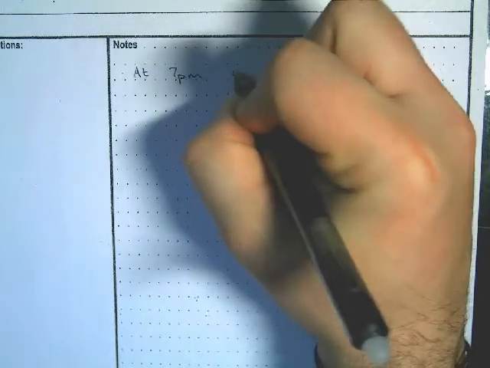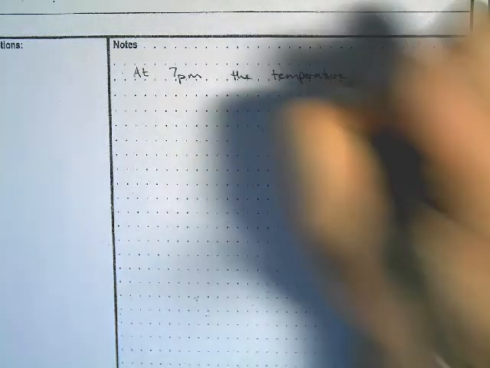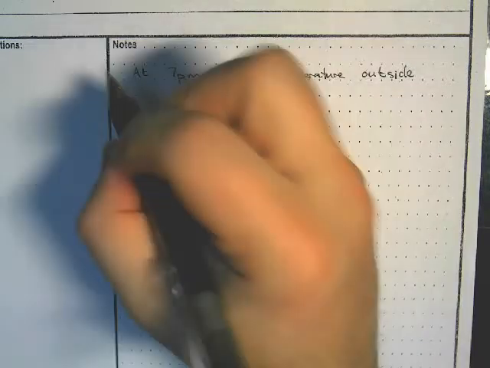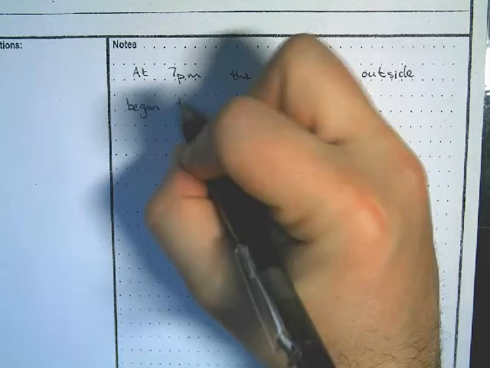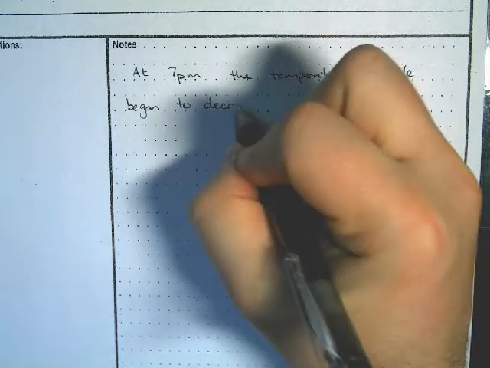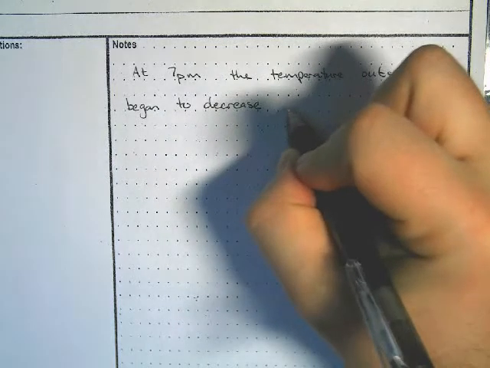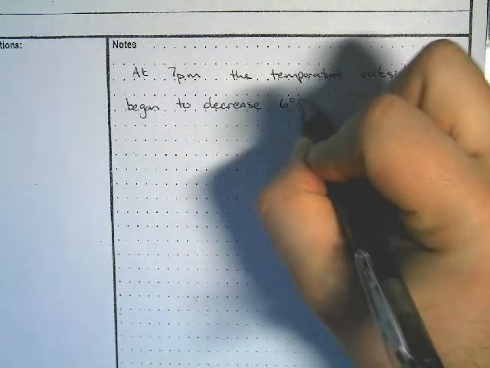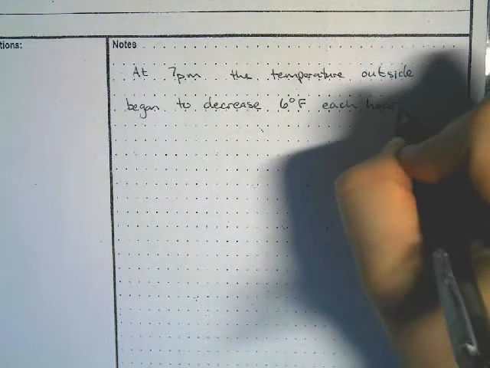At 7 p.m., the temperature outside began to decrease 6°F each hour.